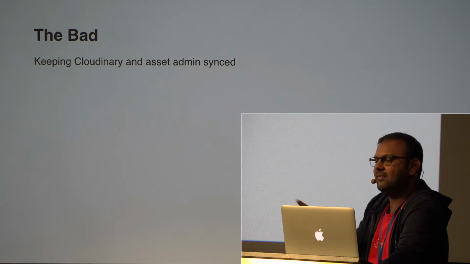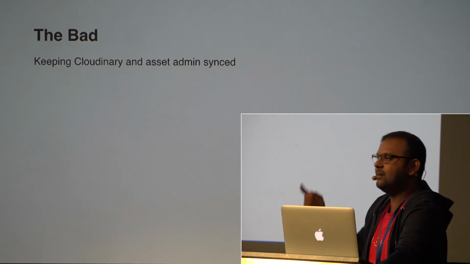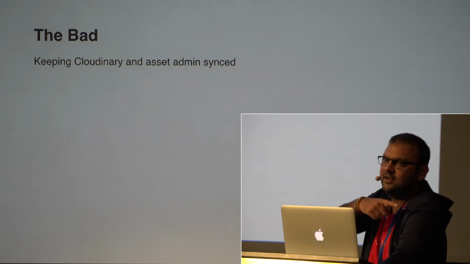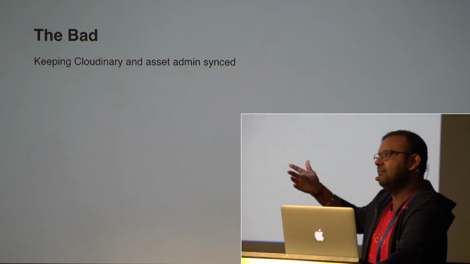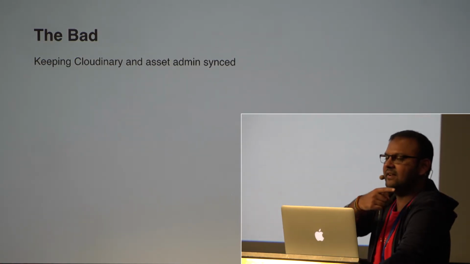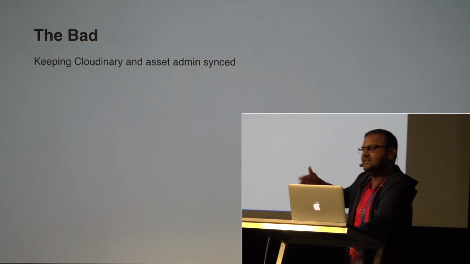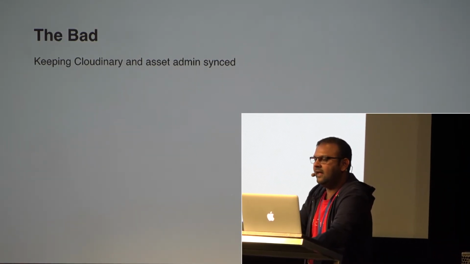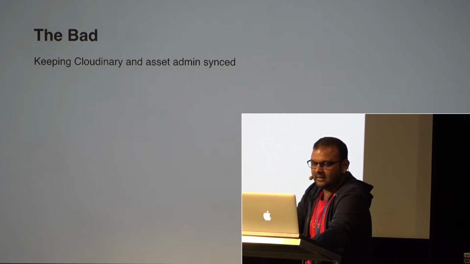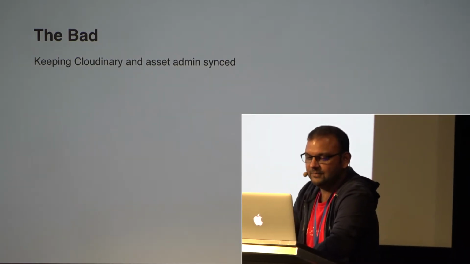We didn't really have to worry about the other way around because the asset admin is hooked up with the Cloudinary API. So every time you uploaded stuff in SilverStripe, it would already upload that stuff to Cloudinary, and it would already add the references of that inside the database. So that part was fine. It was mainly the other part of it. So that's the way that we managed to get over that issue.